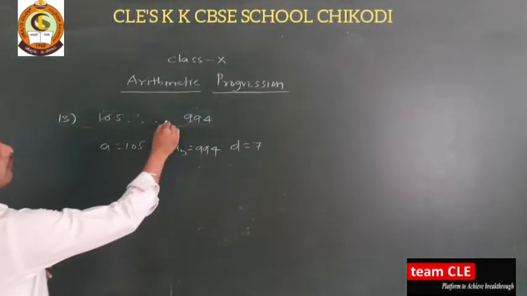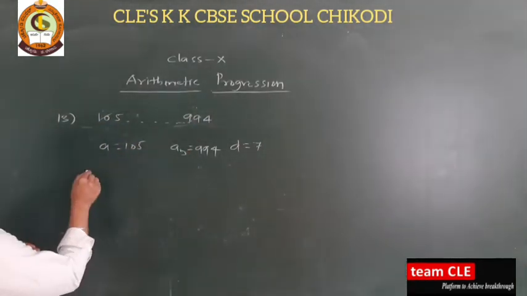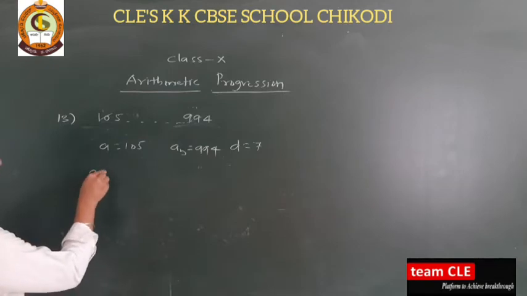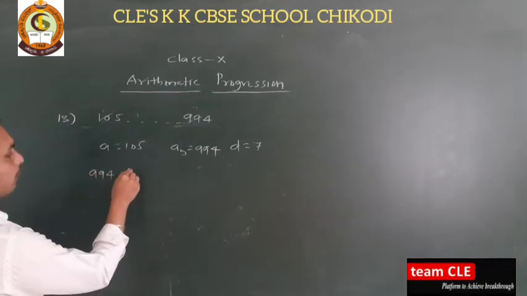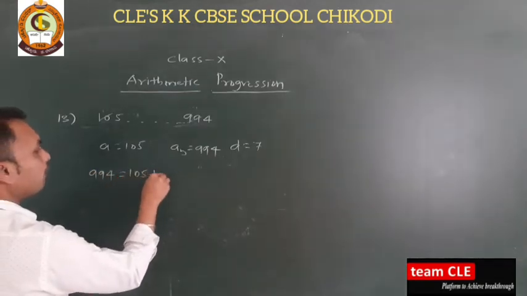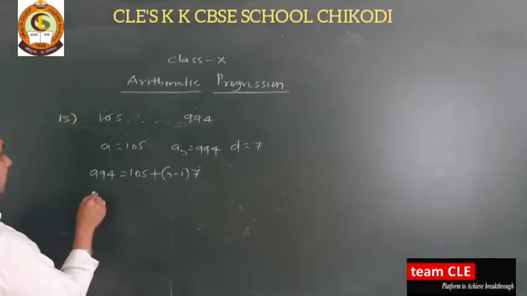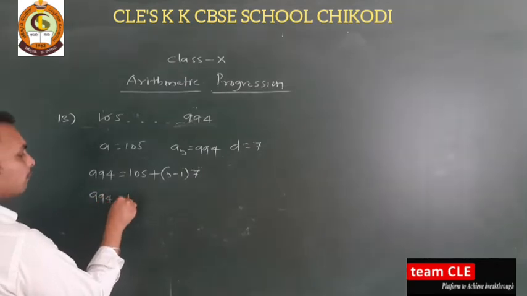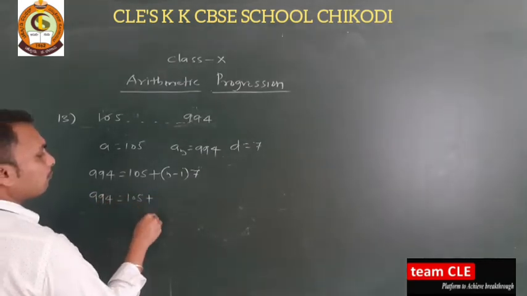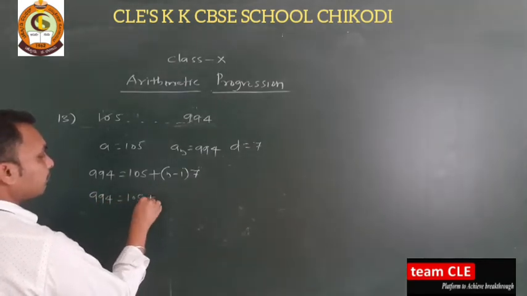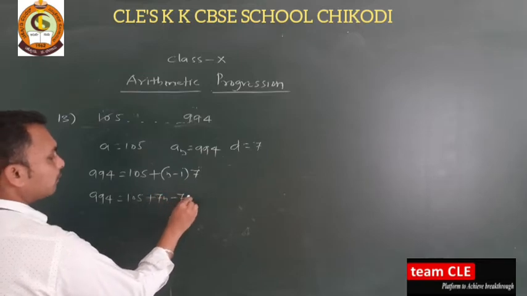Now just see, substitute everything. We have 994 is equal to a, we have 105, plus n minus 1, d we have 7. So 994 equals 105, and this you can multiply, you will get plus 7n minus 7.